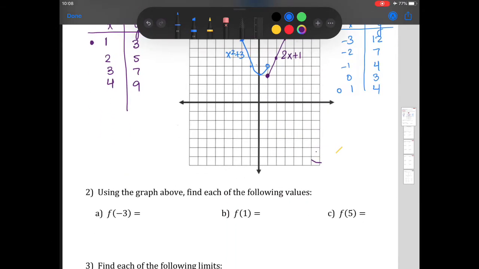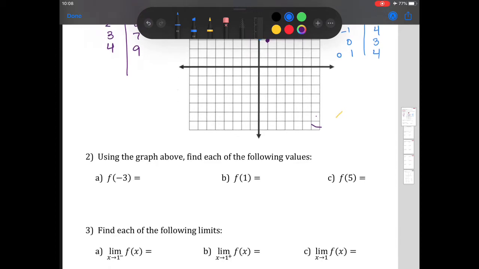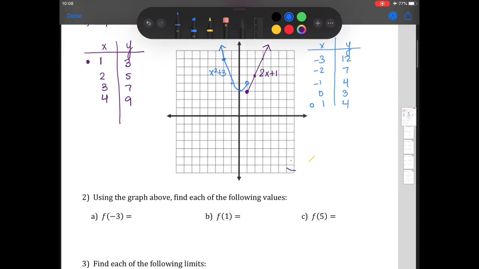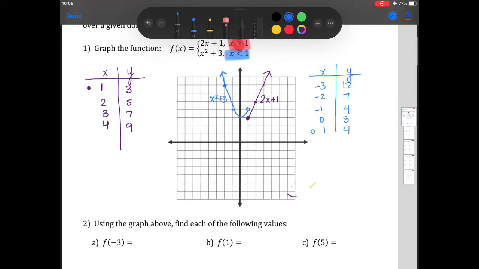So let's get started with part 2 and 3, and we would need this graph for the same question. So what is f of -3? I'm going to use the second function because x is -3, which is less than 1. So it's going to be -3 squared plus 3, which is 9 plus 3 is 12.